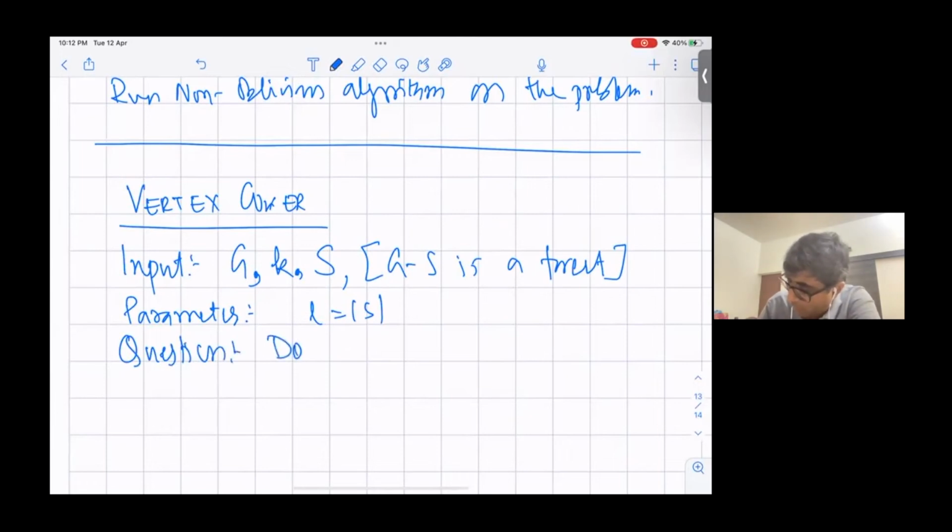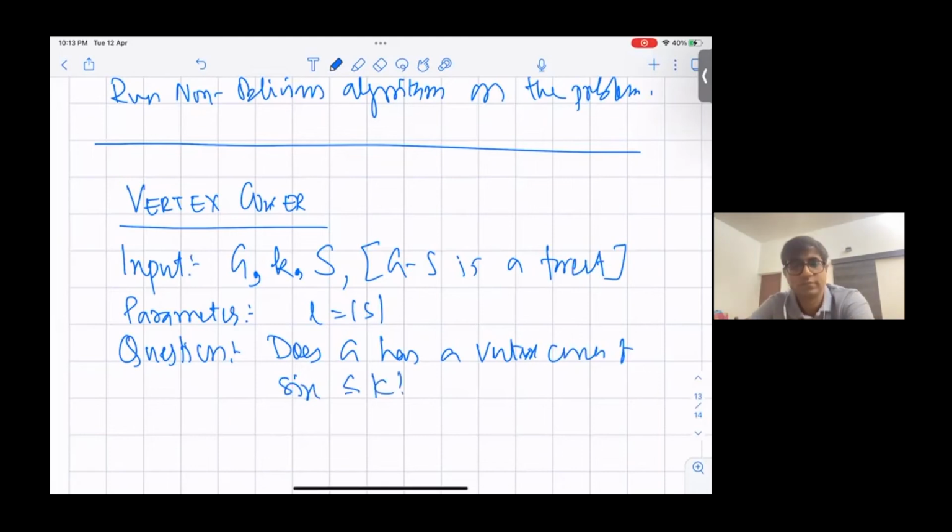Question: does G have a vertex cover of size at most k? This is what we call non-oblivious, right? Do we know an algorithm for this question?